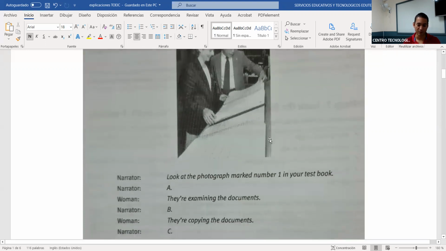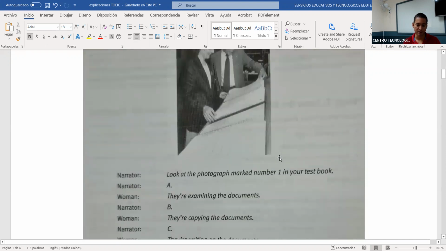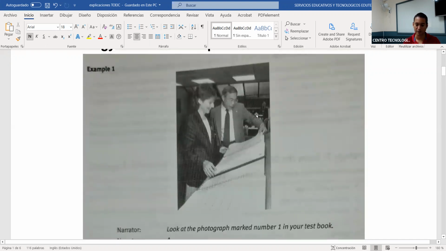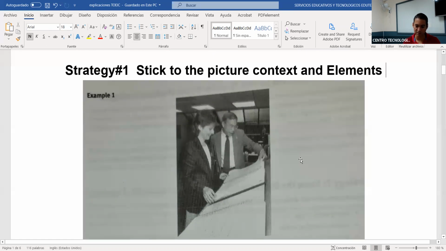Okay, so we have some possible choices here. Letter A, they're examining the documents. Well, it looks like they're copying the documents. Well, you don't see it in the context, right? They're writing on the documents? No, they're just checking the documents.